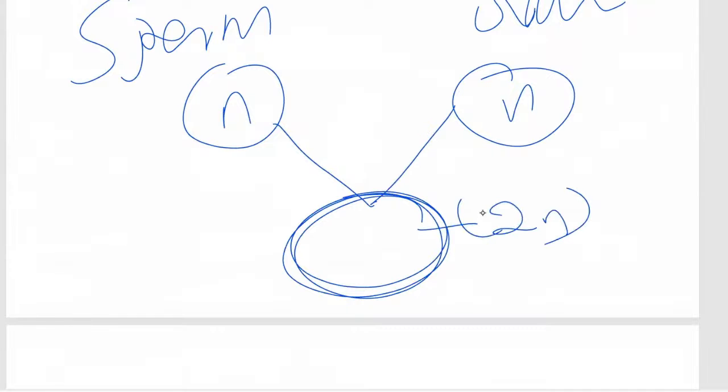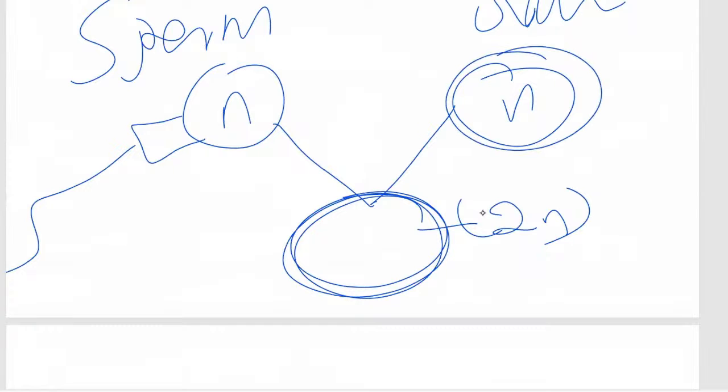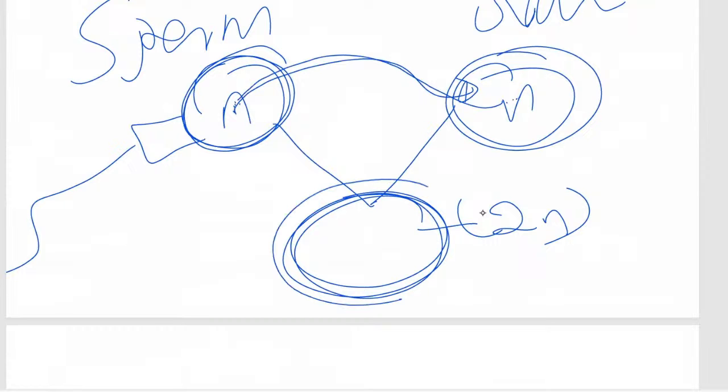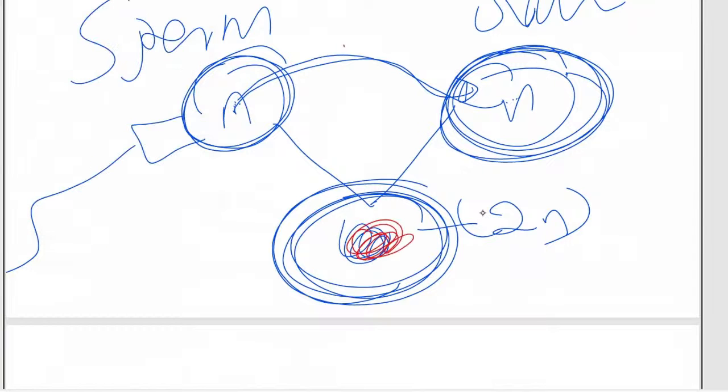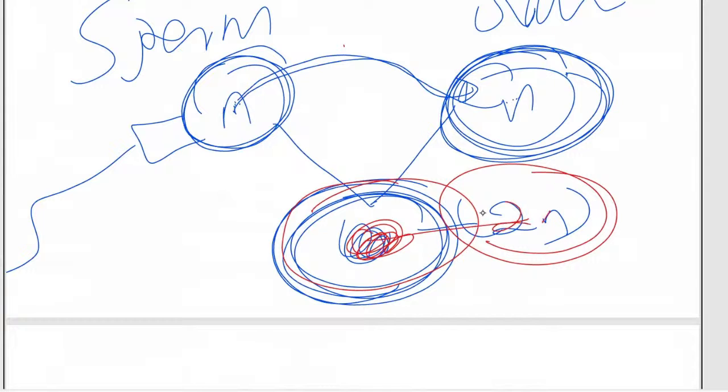But remember, it's only the head of the sperm which goes in, and the nucleus of the sperm will enter the ovum. Meaning that this zygote will have the casing of the ovum, but the nucleus is a combination of the two. What is the state? It is diploid. It will have the casing of the ovum with the diploid number of chromosomes.